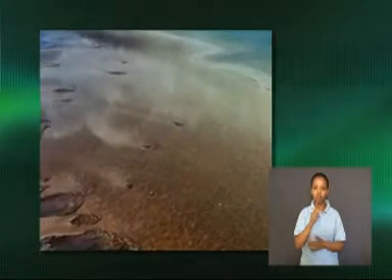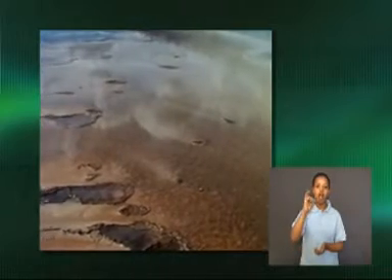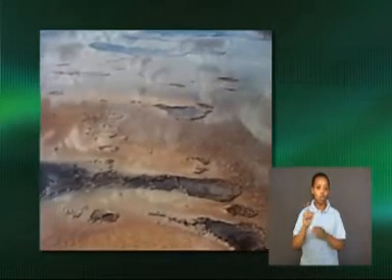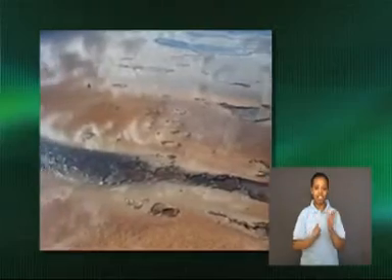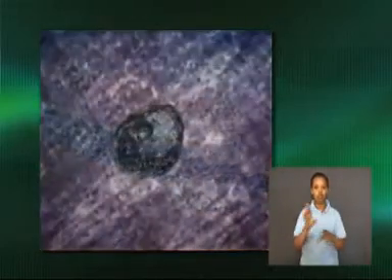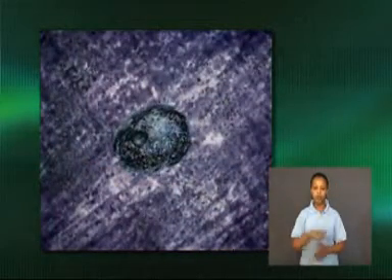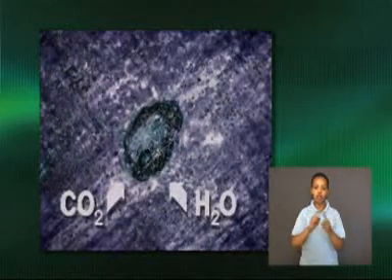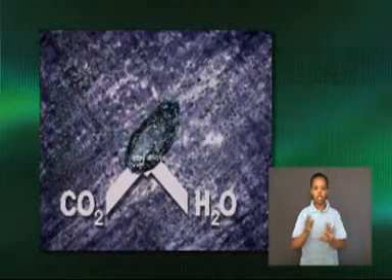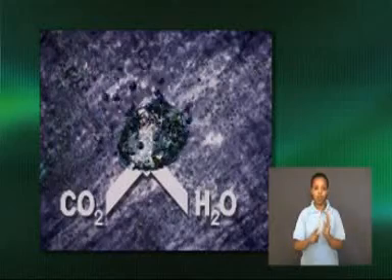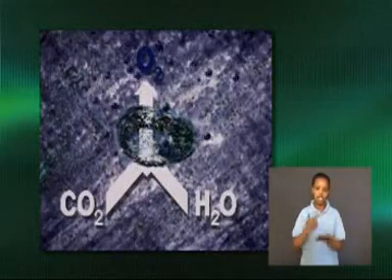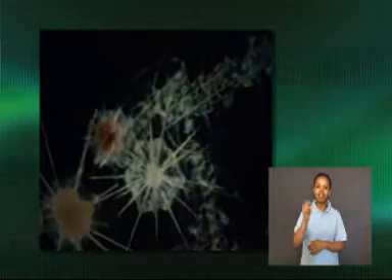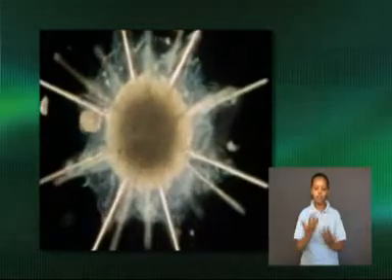The amino acids and sugars were found to be the molecules needed for the development of life. These molecules could be formed through a reaction between the gases hydrogen, carbon dioxide, ammonia, methane, and water vapor, and an energy source.